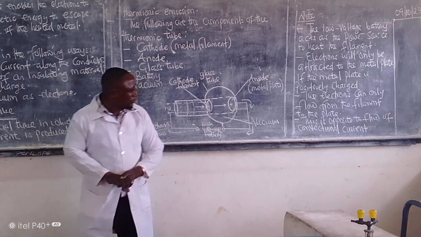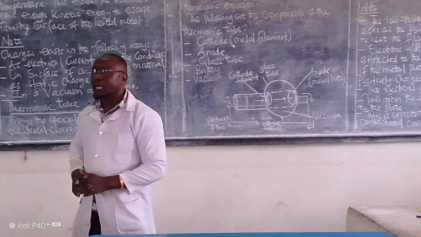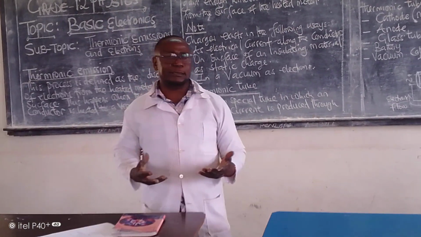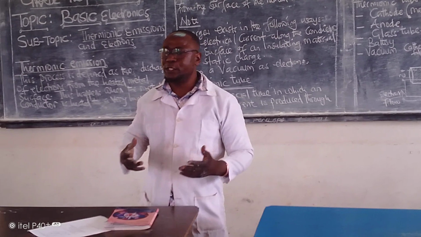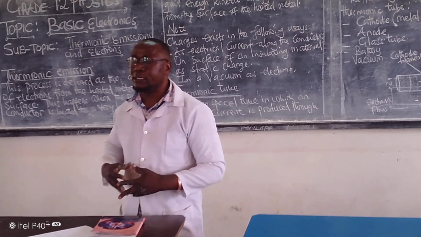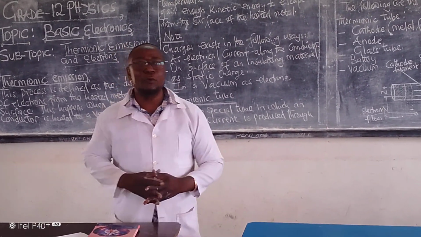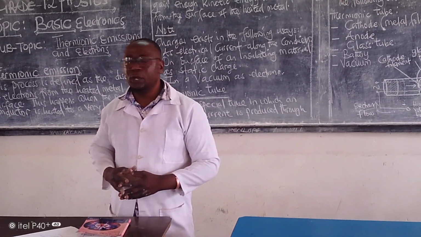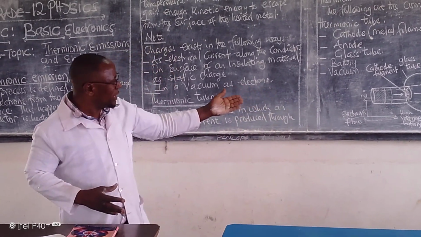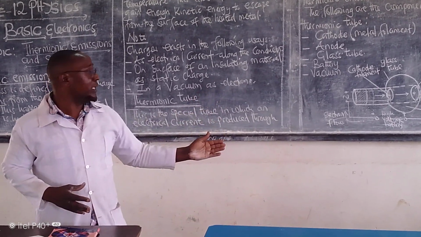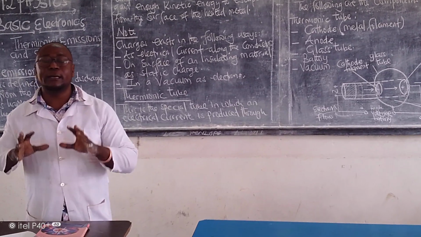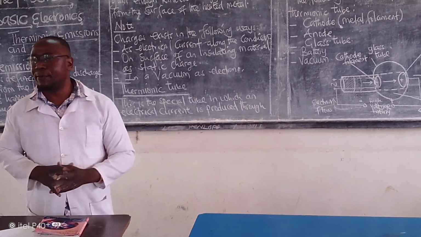That is the point. Now, you may ask a question to say, how can we increase the speed or the rate at which the electrons travel or move? A simple answer is, we can increase the rate at which the electrons move from the filament to the anode by increasing the voltage supply.